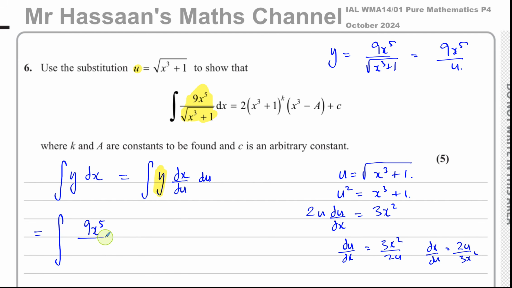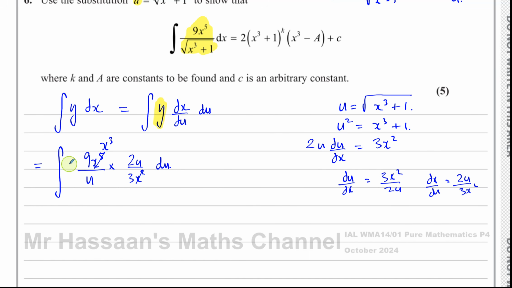That's my y, times dx/du, which is 2u over 3x squared, and then du. So the x squared here cancels with this, which gives you x to the power of 3.